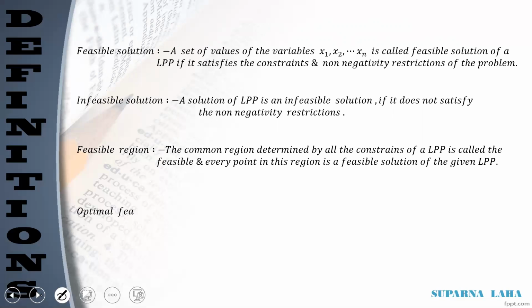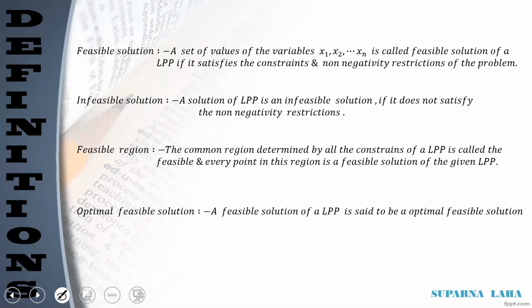Okay. And one more thing is the optimal feasible solution. What is an optimal feasible solution? A feasible solution of an LPP is said to be optimal if it also optimizes the objective function, that is, maximizes or minimizes the function.